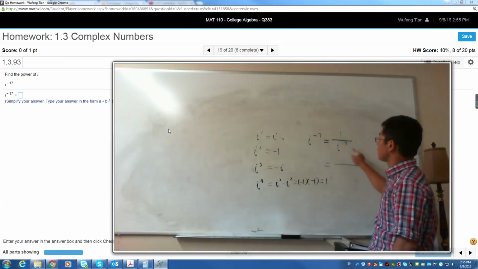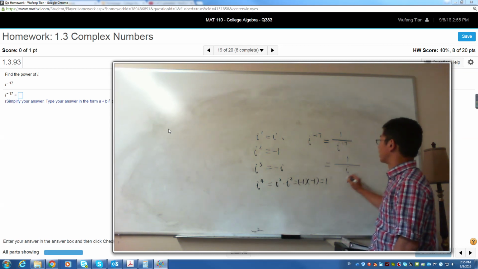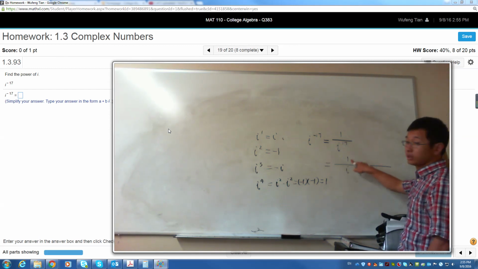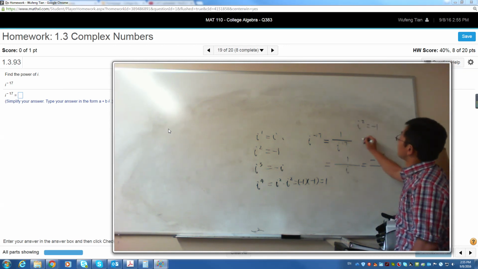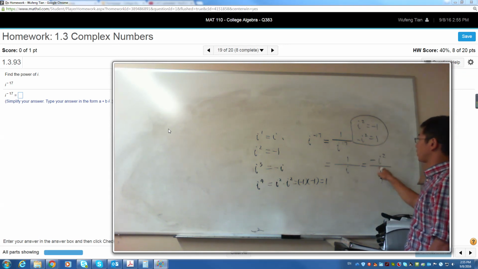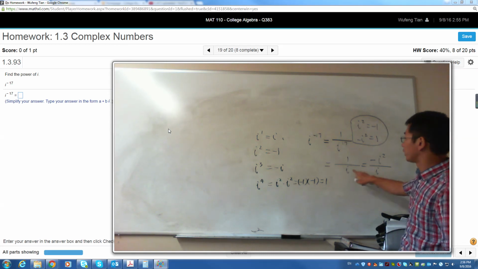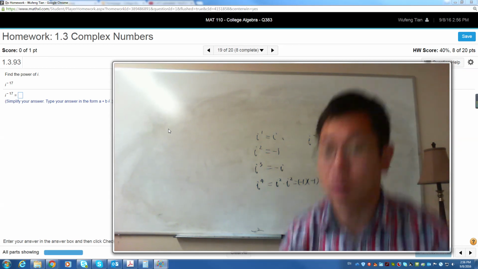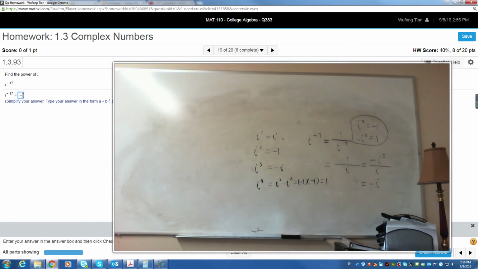Well, for i to the power 17, 17 divided by 4, the remainder is 1, so it's just 1 over i. 1 over i, you know, 1 is negative i squared, because i squared equals negative 1, so negative i squared equals 1. So you can change that to negative i squared over i. An i cancels out, and you have negative i. Or you can multiply both the top and bottom by i, like doing the denominator conjugate. It's the same idea. It's negative i.